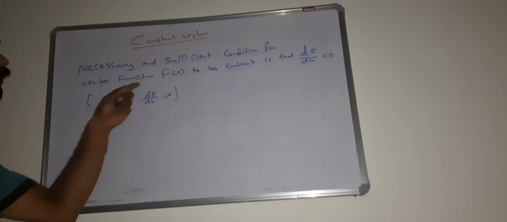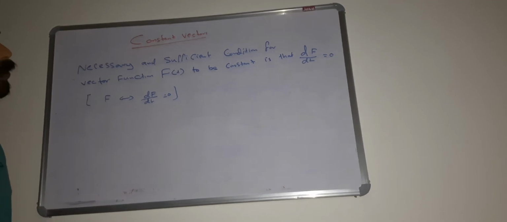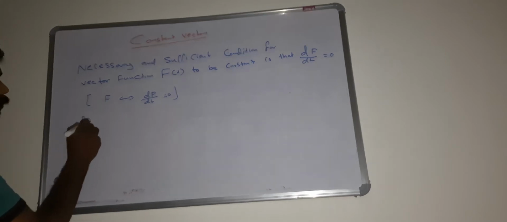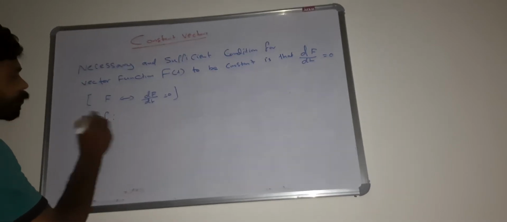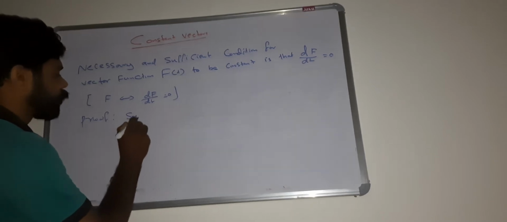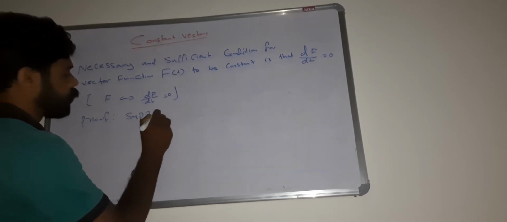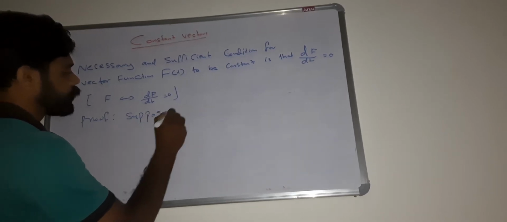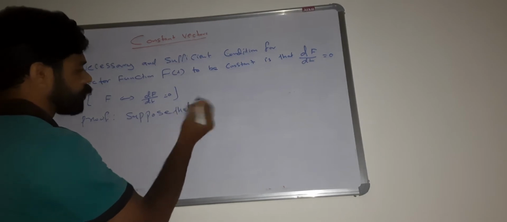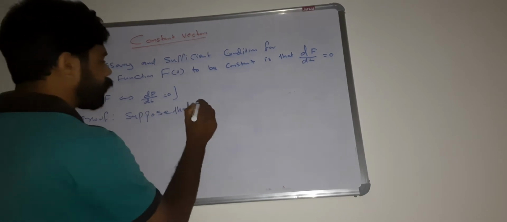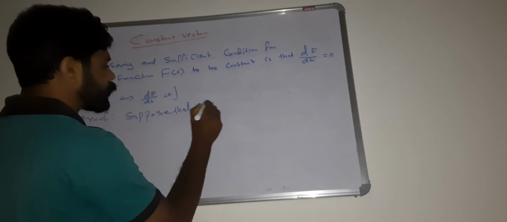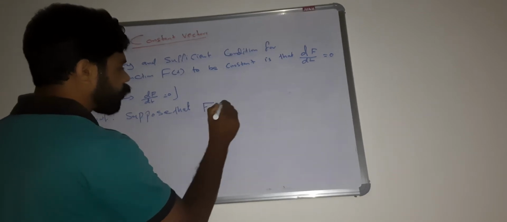A vector valued function f is constant if df by dt equal to 0. Proof. Suppose that f is constant.